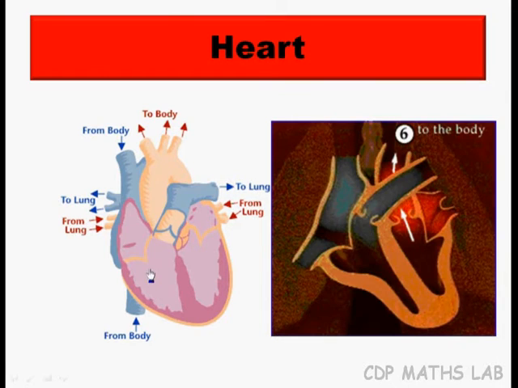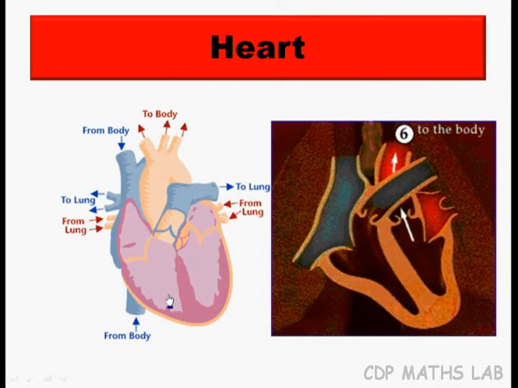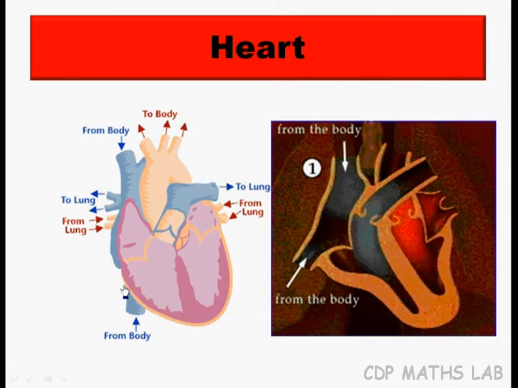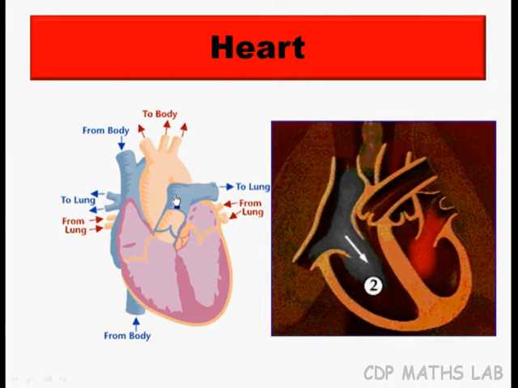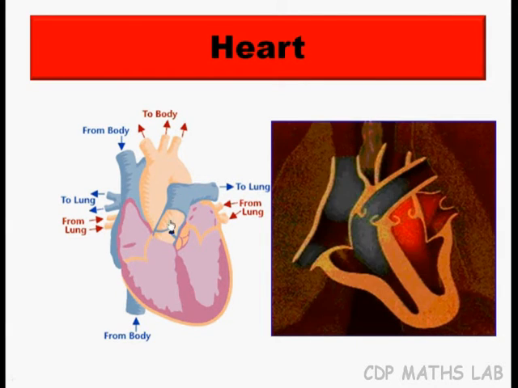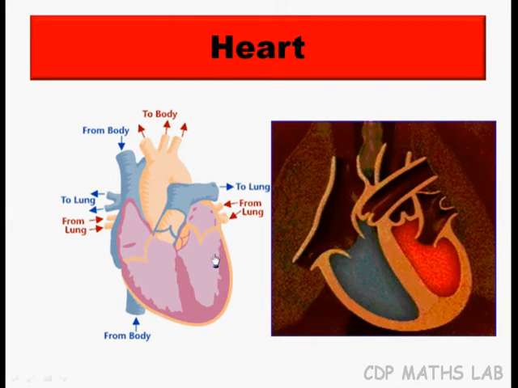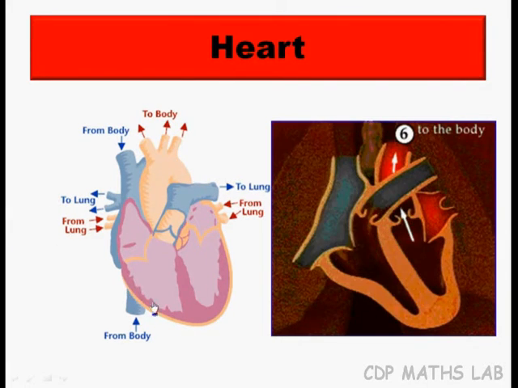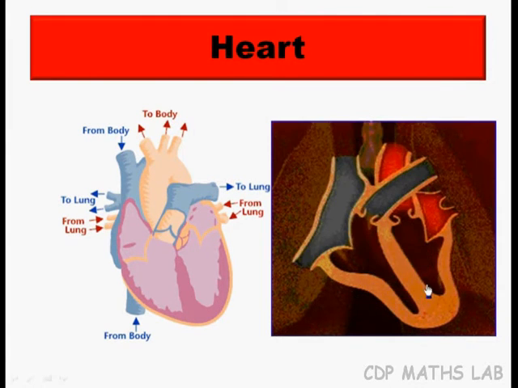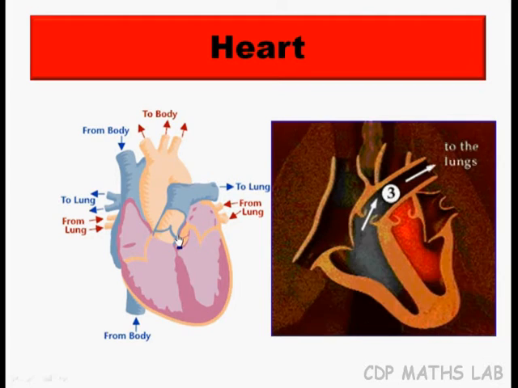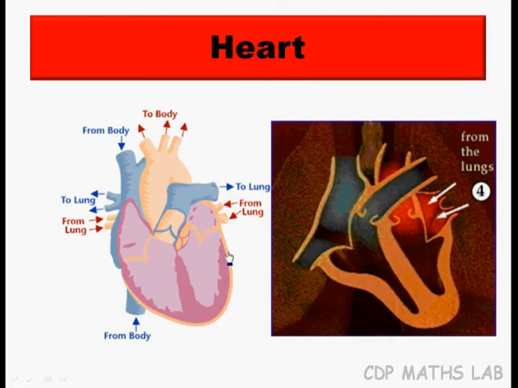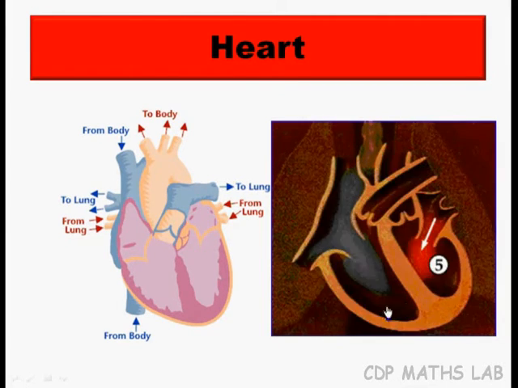Now this ventricle right here, which is the right ventricle, basically pumps blood from the body back to the lungs. Right? So therefore, the blood doesn't have far to go. And that's the reason why this side is thicker than this side. Now, as you can see, when the blood is entering the heart, look what happens.